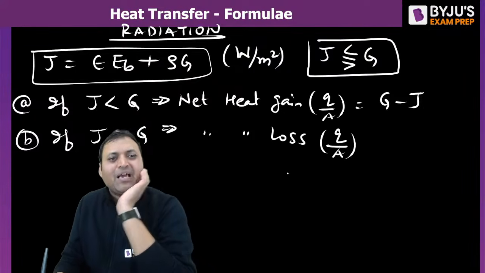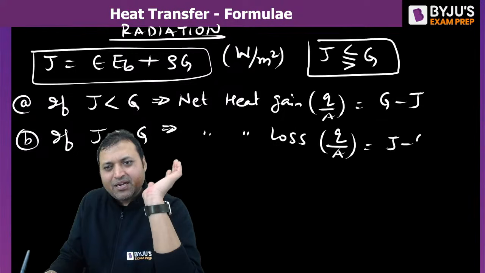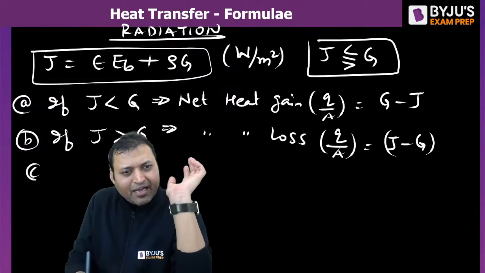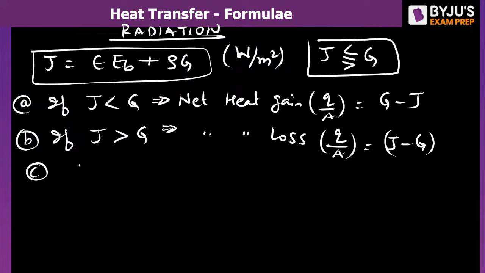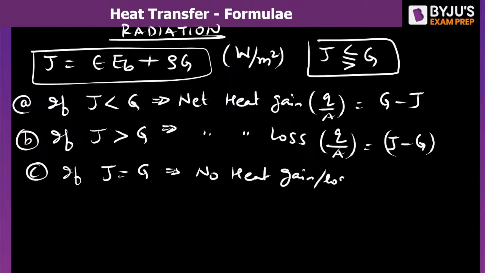The system will have a heat loss, that is J minus G. And if J is equal to G, there is no heat gain or no heat loss. In that case, Q by A will be equal to 0.